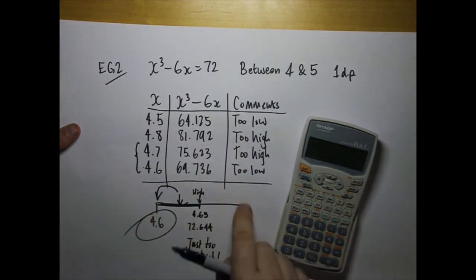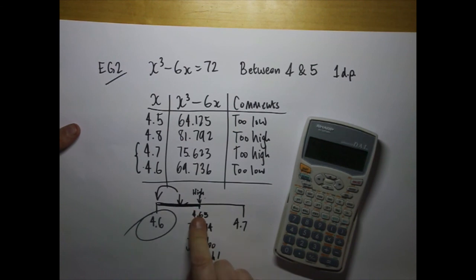Stick them on your little line, get your halfway point, see if that gives you a result that's too high or too low. If that result's too high, this one here is too high. Your answer's somewhere to the left of it. If it's to the left, it's closer to 4.6, which is your answer.